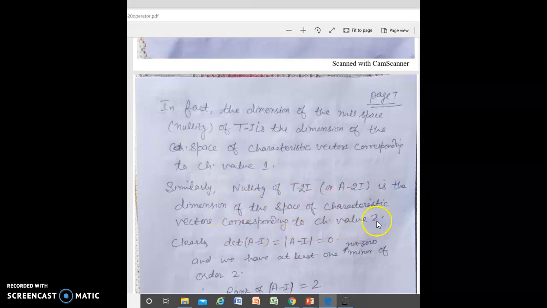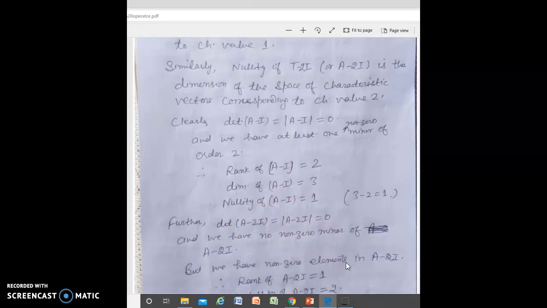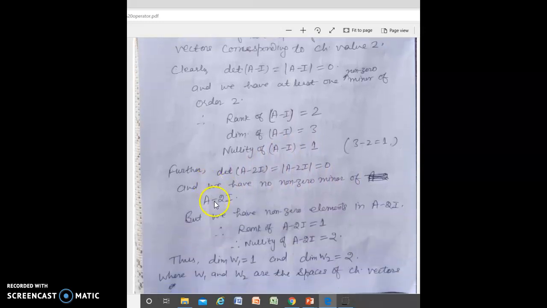Now clearly, if you find the determinant of A minus I, that comes out to be 0, and we have at least one non-zero minor of order 2. So you can say rank of A minus I is 2, dimension is 3, and nullity of A minus I is 1. Further, the determinant of A minus 2I is 0. So again we have no non-zero minor of order 2 in A minus 2I, but we have non-zero elements in A minus 2I. So rank of A minus 2I is 1, nullity is 2.